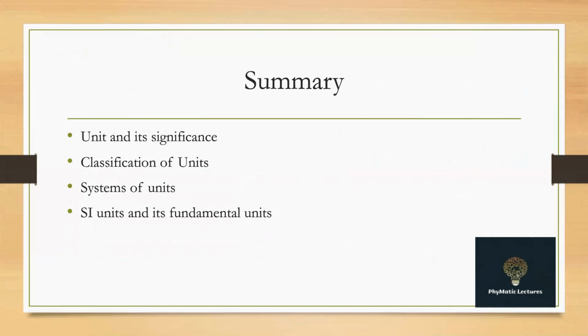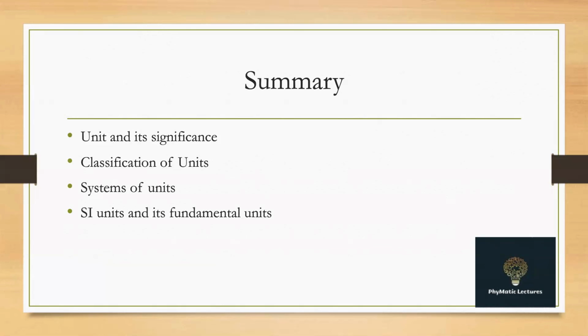And what all things did we learn? We learned about unit and its significance. We know the speciality of a unit: it should be universally accepted and comparable, right? And its classification: it is divided into fundamental units and derived units, and together called a system of units.